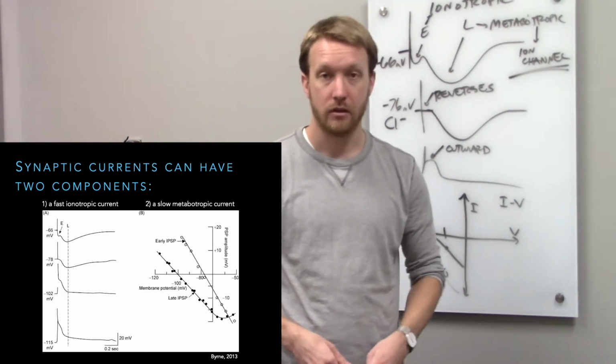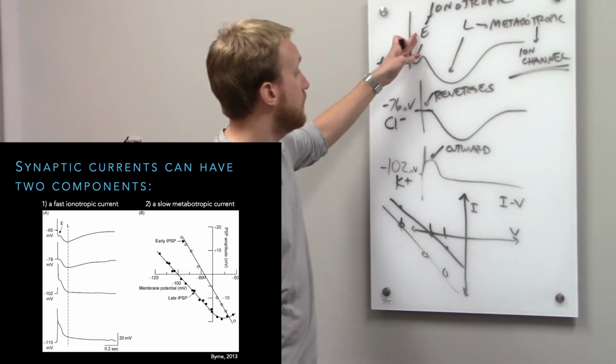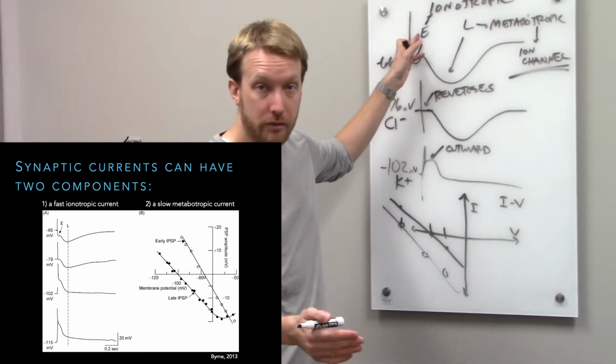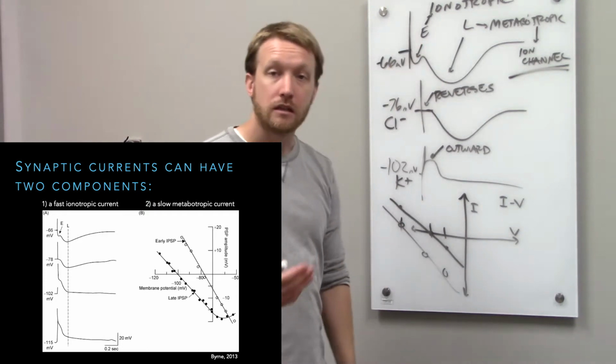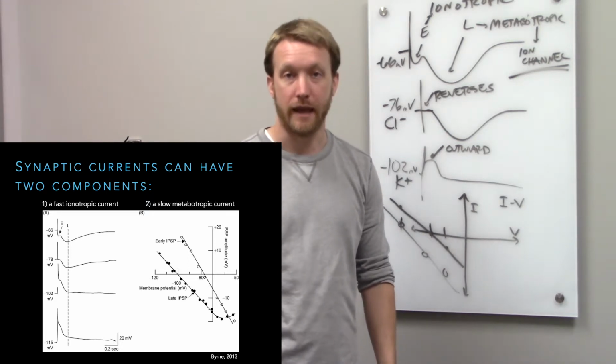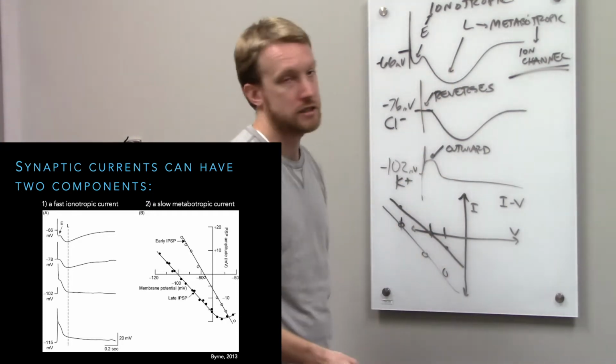They dumped out GABA, stimulated GABA A, which is a chloride channel for the early current, and they stimulated GABA B receptors, which are metabotropic. And most likely you're going to get the beta-gamma complex interacting with some sort of G-protein stimulated potassium channel to create that late current mediated by potassium.